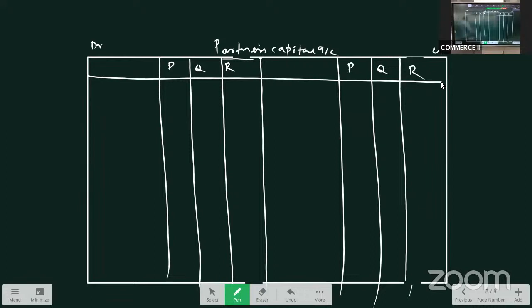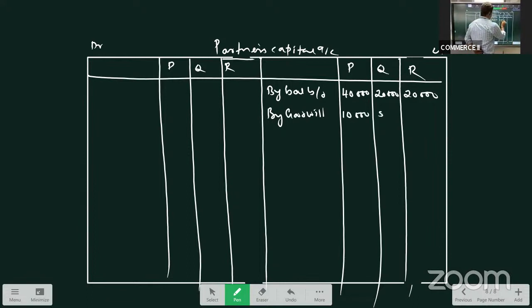So what are the capitals given? 40, 20, 20. So let us take the capitals as balance brought down. P's capital is 40,000, Q's capital is 20,000, and R's capital is also 20,000. The second thing is goodwill. What was the amount of goodwill we have credited to each partner? 10,000, 5,000, 5,000.